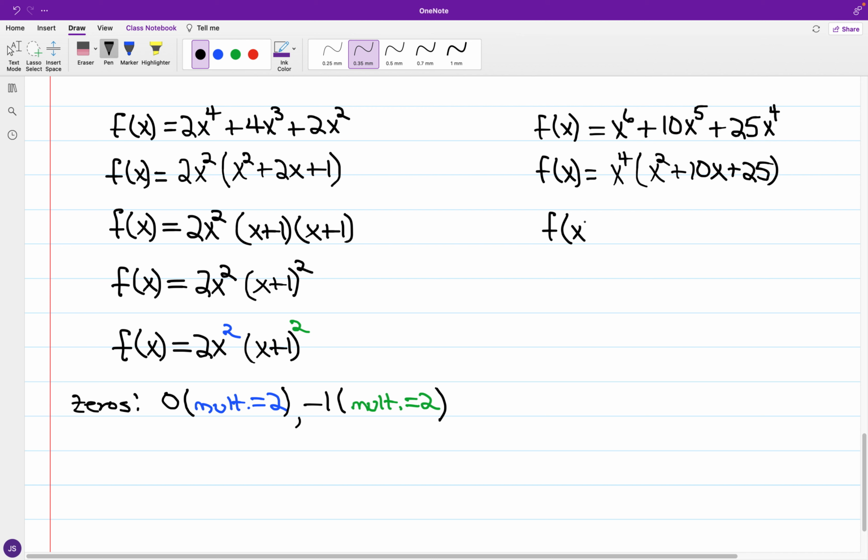And factoring once again, just like x squared plus 2x plus 1, x squared plus 10x plus 25 is another square trinomial. So the factoring leads to the repetition of x plus 5. Writing in factored and condensed form, f of x is equal to x to the 4th times the square of x plus 5.